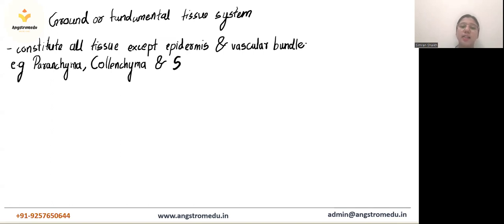Collenchyma, sclerenchyma, and parenchyma are simple types of tissues, we can say. Okay, they are the simpler ones. So it's talking about parenchyma.